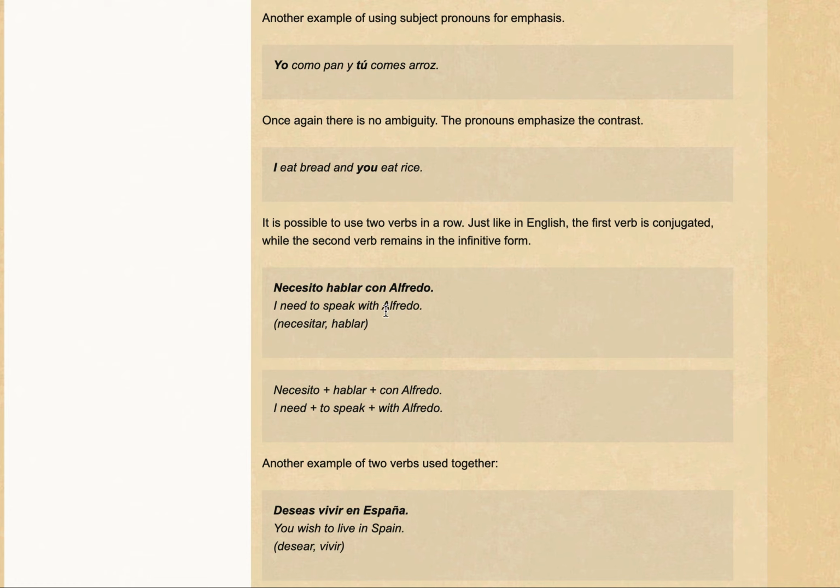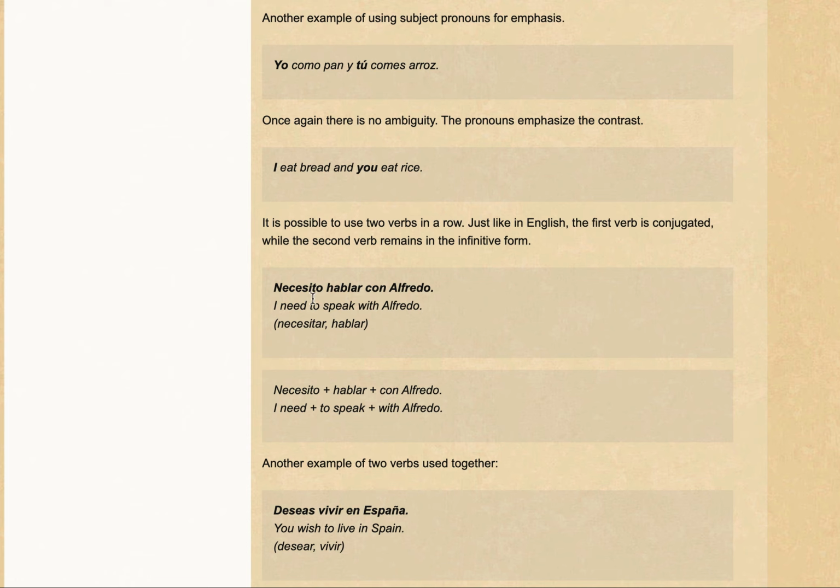I need to speak with Alfredo. So we have necesitar and hablar. Both are AR verbs.